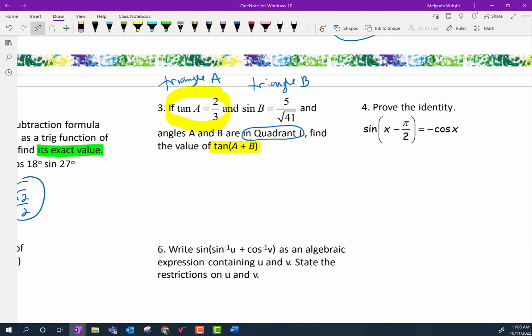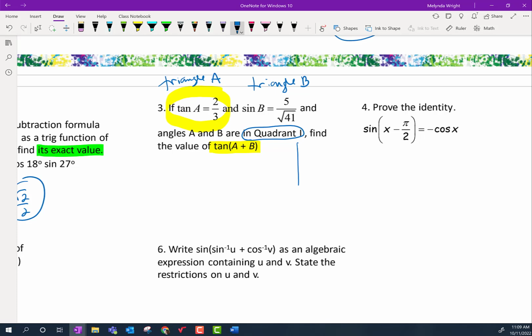Now I'm going to pause here for a second. Is everybody okay with me not making triangle A? Does everyone understand why I am not making triangle A? I'm not making it because I already have the information I want from angle A. Maybe it'll become more clear once we do the formula. But I do need to make triangle B.